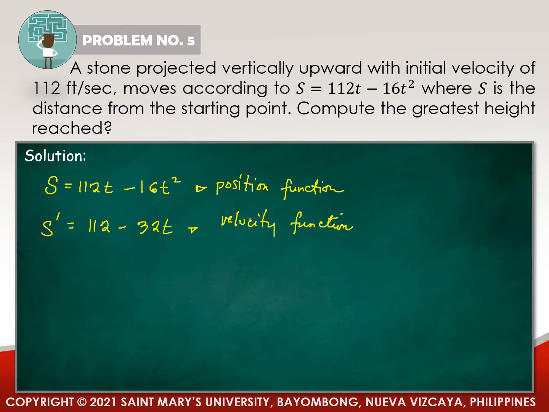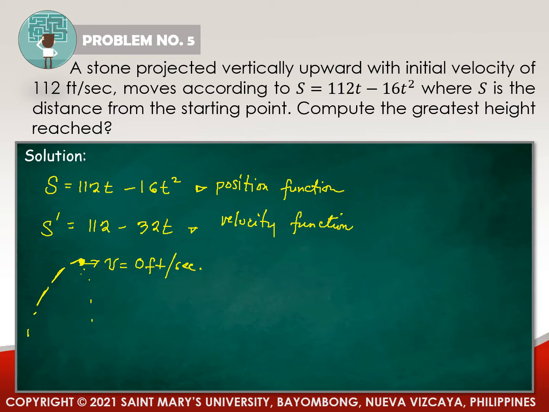Okay, so when you throw a stone upward, at this point is the highest or greatest height attained by the stone, and before it falls, it will stop. Meaning to say, at the greatest height, the velocity is 0 feet per second. So therefore, we can equate the velocity equation to 0, because at v equals 0, it attains the greatest height.